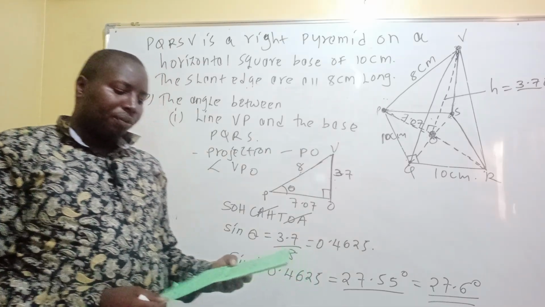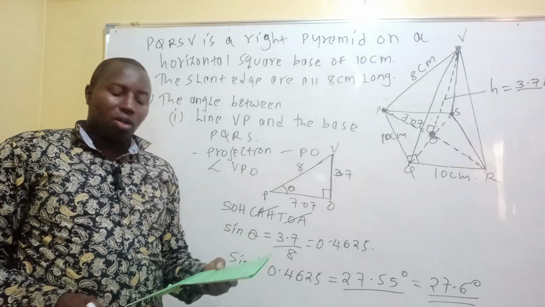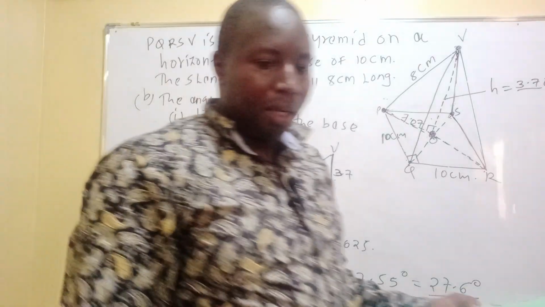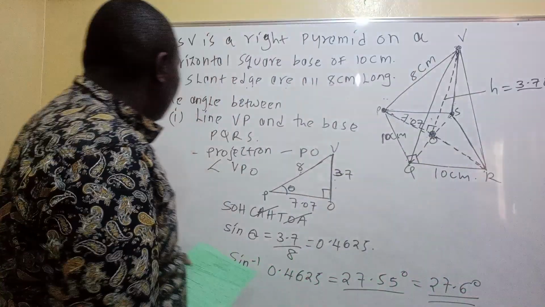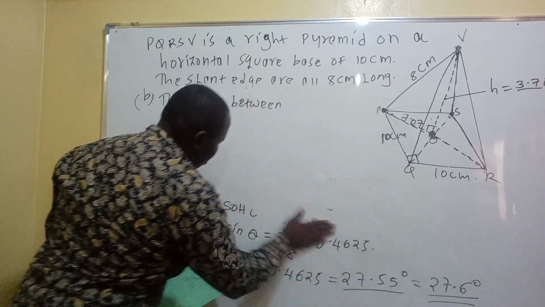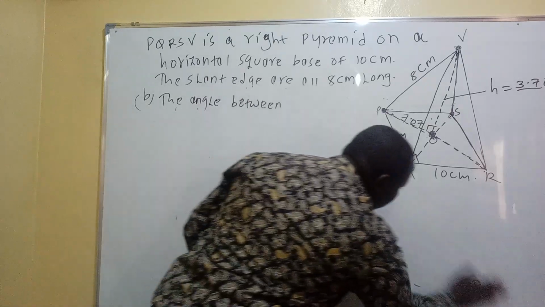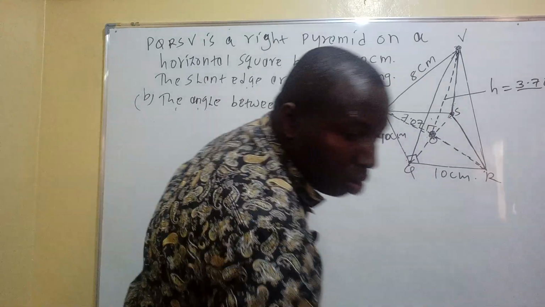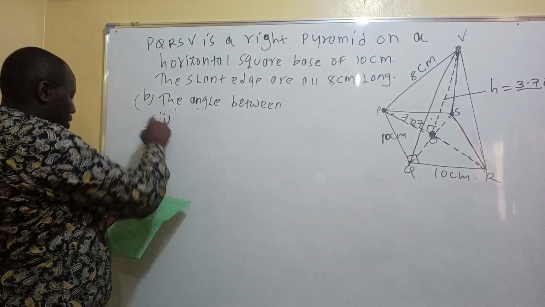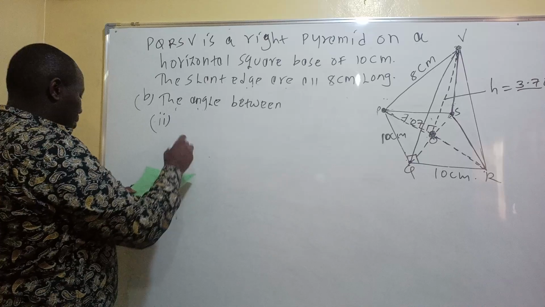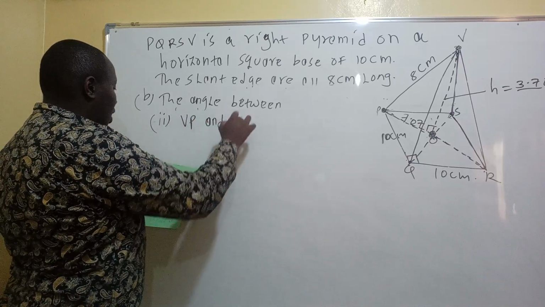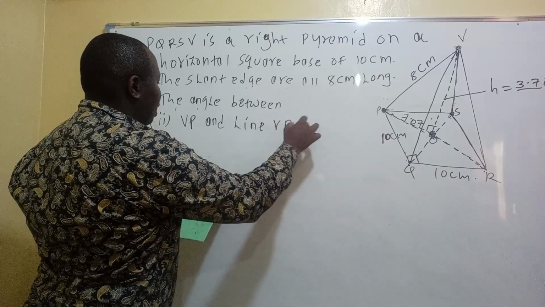Then the other one will be the question on the angle between the line VP. So B Roman 2 is the angle between VP and line VR.